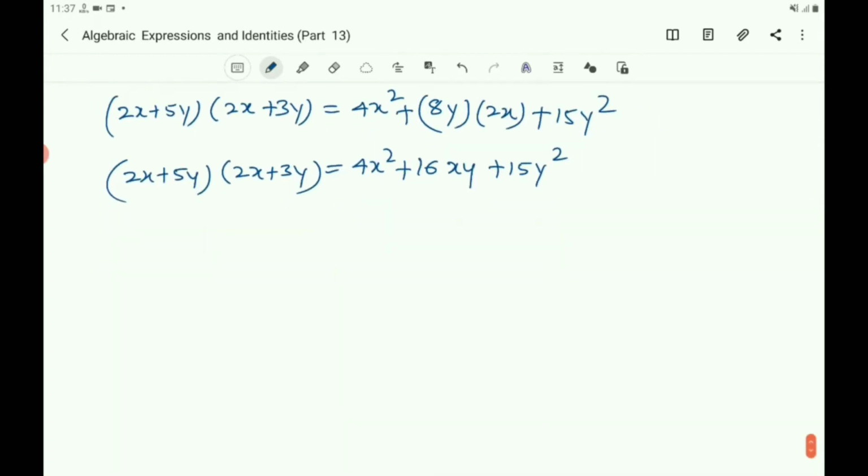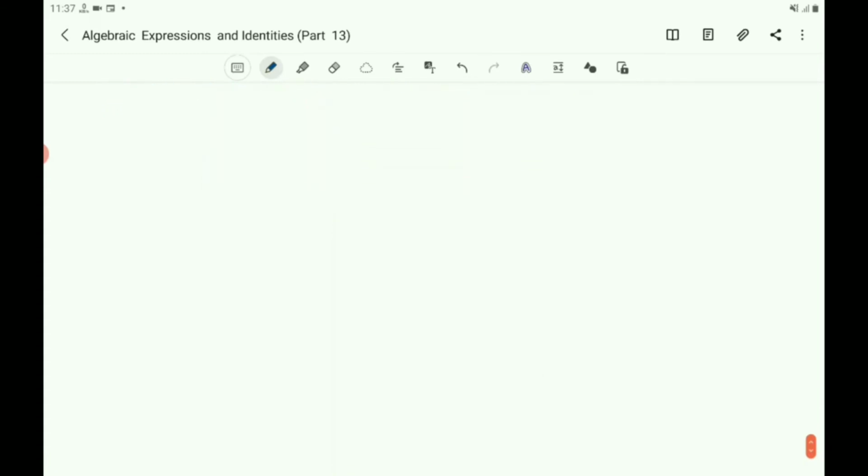Then the sixth one, 2a square plus 9 into 2a square plus 5.